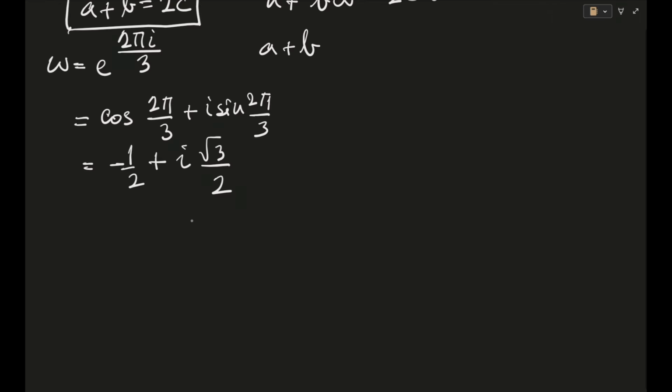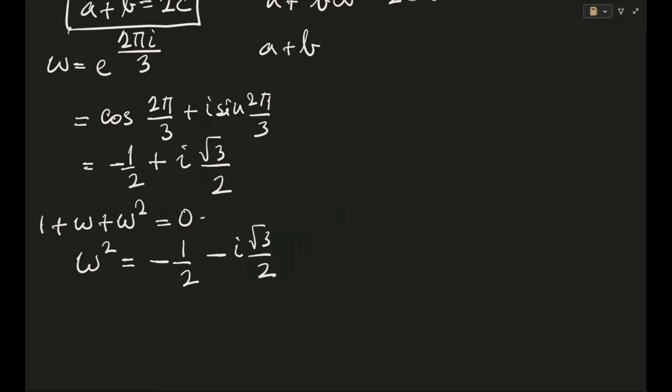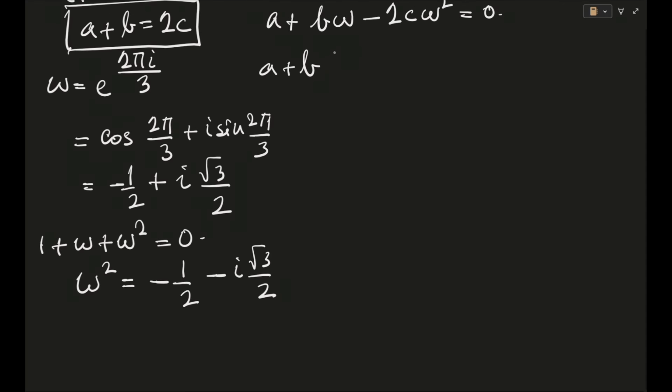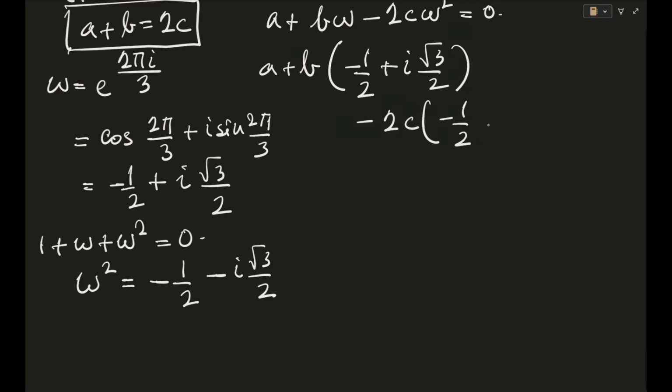Now if you want to find omega square, very simple, 1 plus omega plus omega square is 0. So omega square comes out to be minus omega minus 1. So you will get this to be minus half minus i root 3 by 2. Putting these values into this equation: a plus b times minus half plus i root 3 by 2 minus 2c times minus half minus i root 3 by 2 is equal to 0.